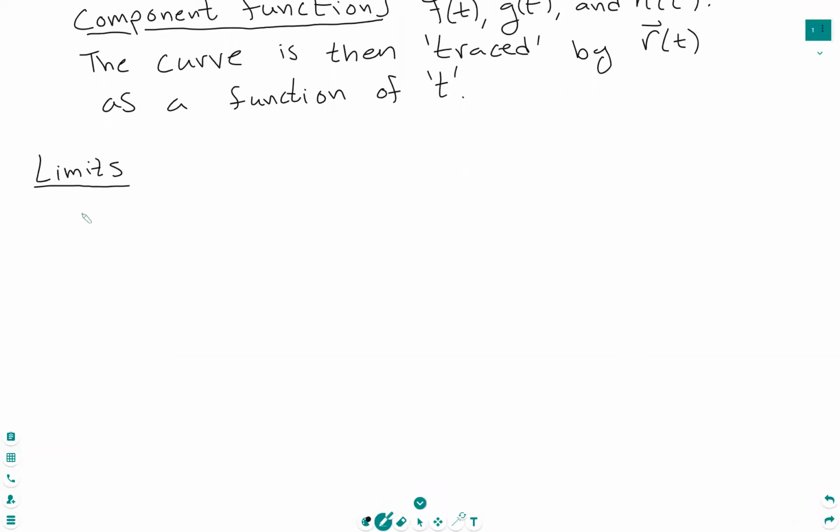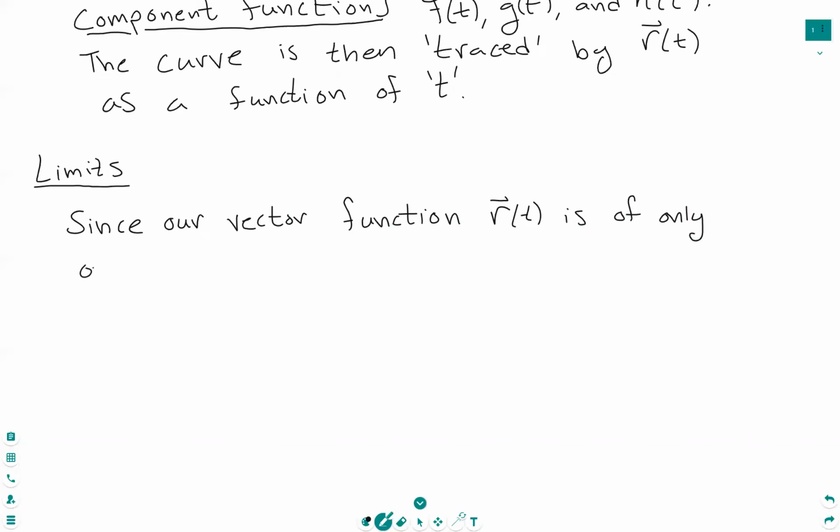So since our vector function r of t is of only one variable, right? All it relies on is just t.